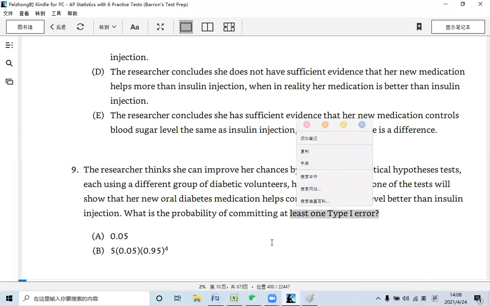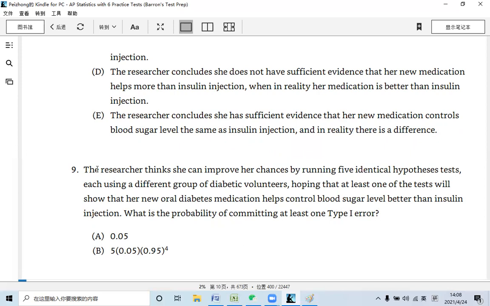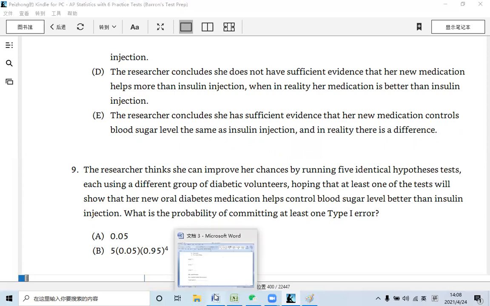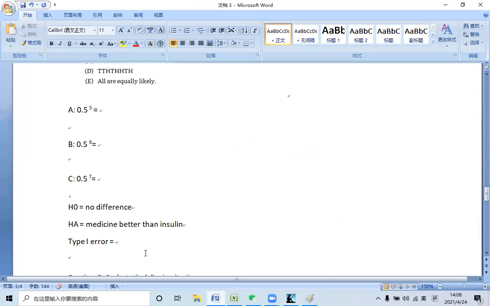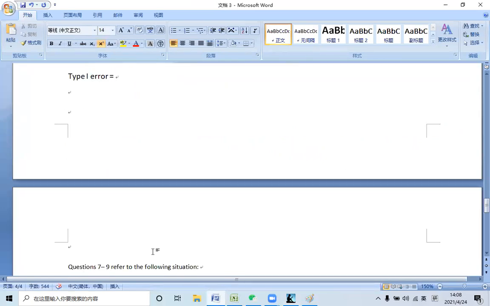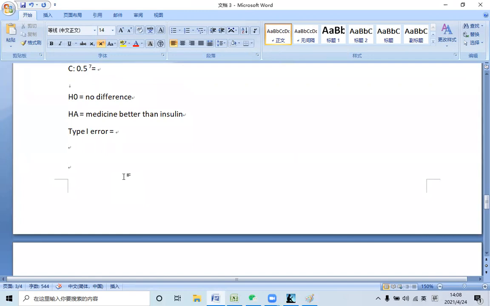At least one type 1 error means there might be 2, 3, or 5, at least one. So you have to look at what you mean by at least one. One possibility is one.